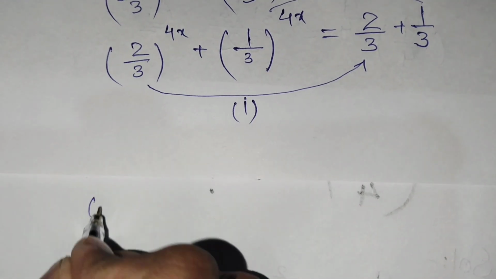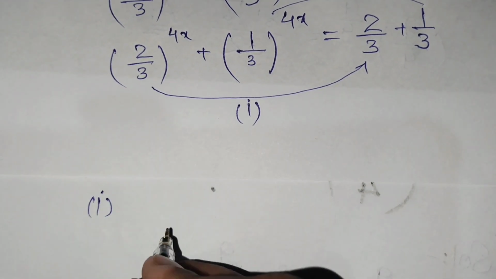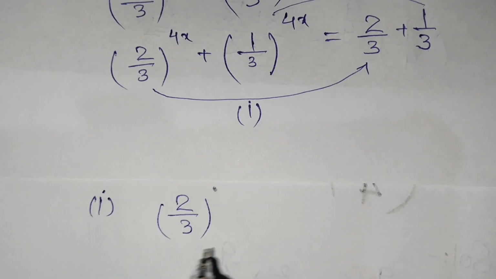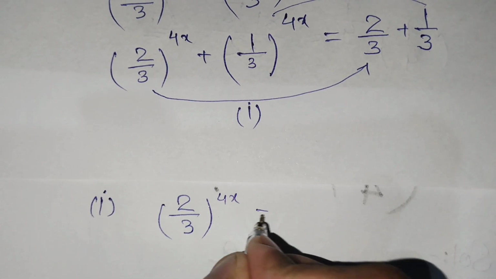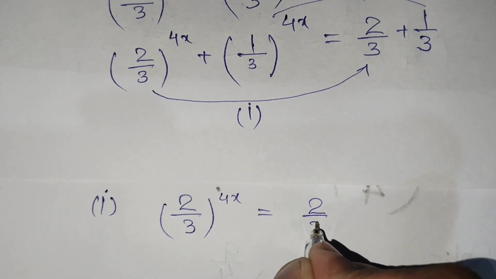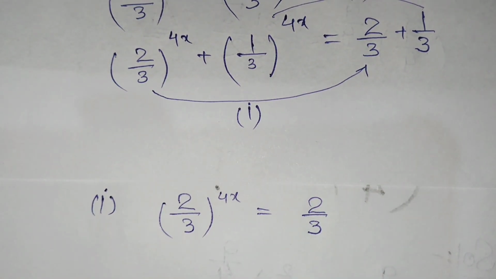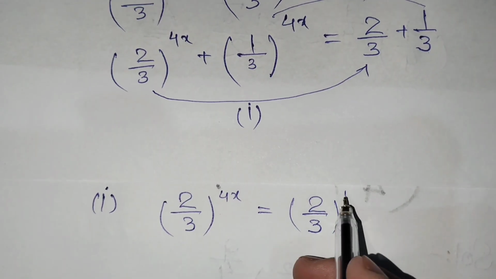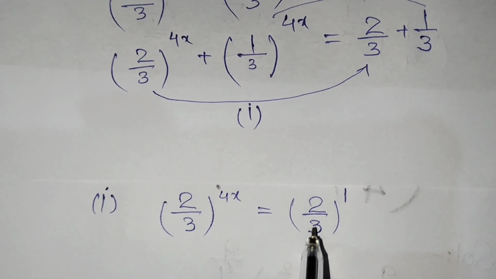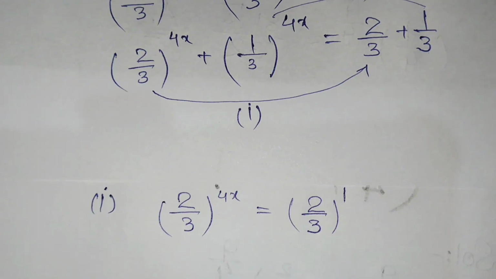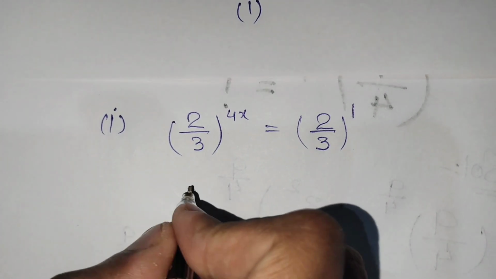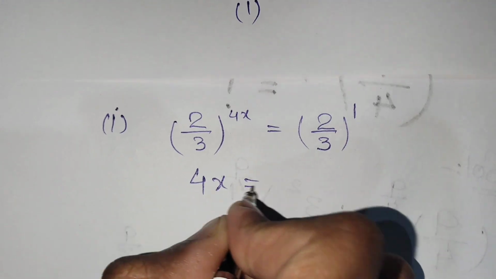So case 1 is 2 by 3 raised to the power 4x equals 2 by 3. By comparing, this is 2 by 3, 2 by 3, same bases, so 4x will be equal to 1.